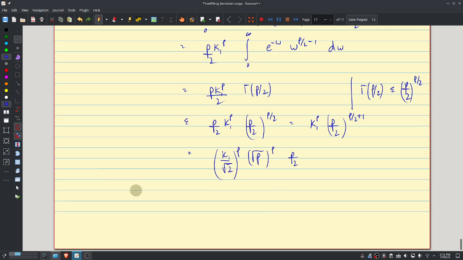So expected value whole raised to 1 by p is less than or equal to k1 by square root of 2 times p by 2 whole raised to 1 by p times square root of p.